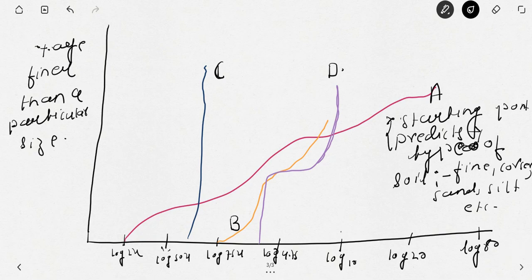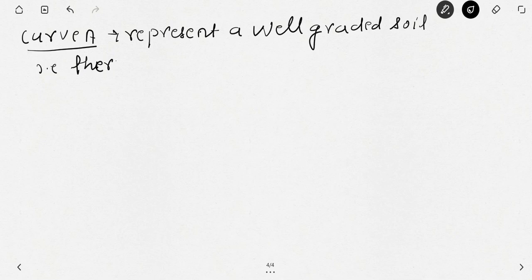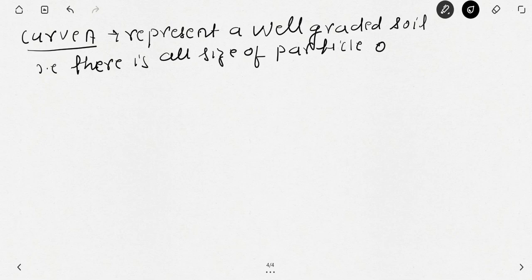So curve A represents a well graded soil, that is, all sizes of particles of soil are present in it.